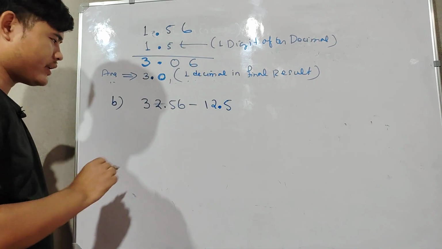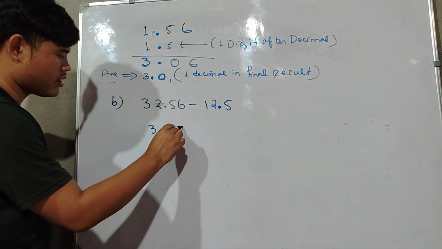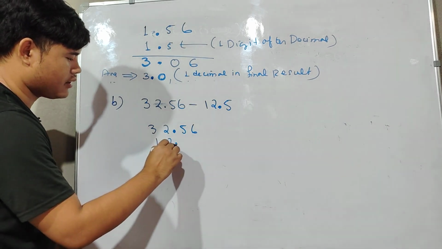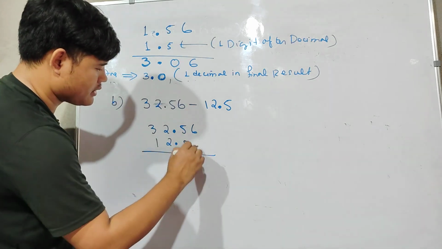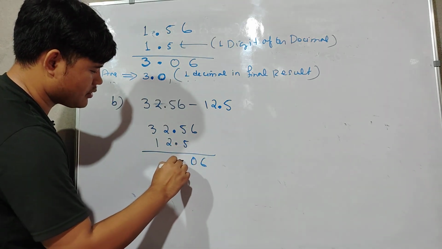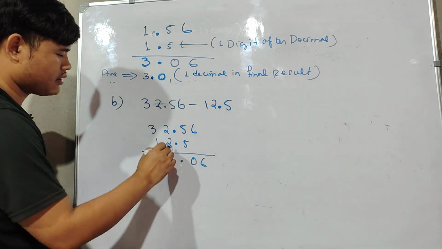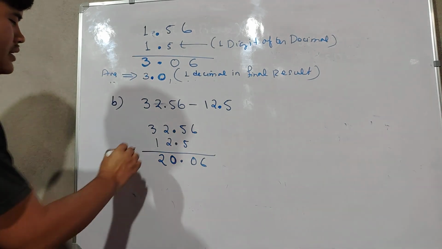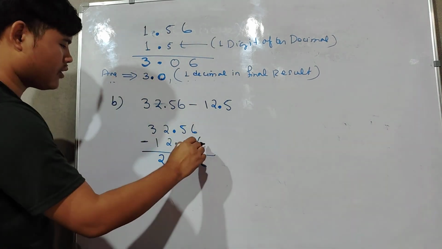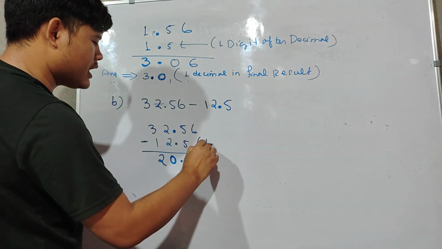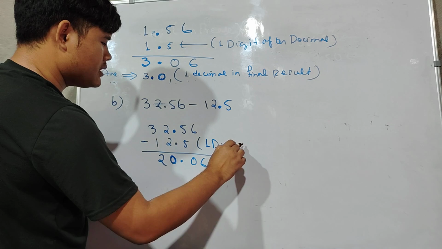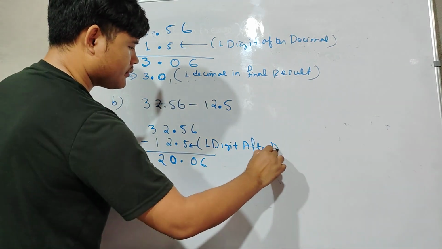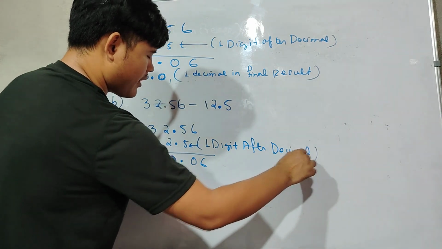What will it be? 32.56 minus 12.5 will be 20.06, right? After subtraction, the number with only one digit after the decimal is 12.5, so only one digit is there after the decimal.